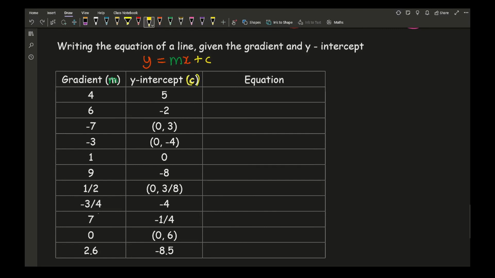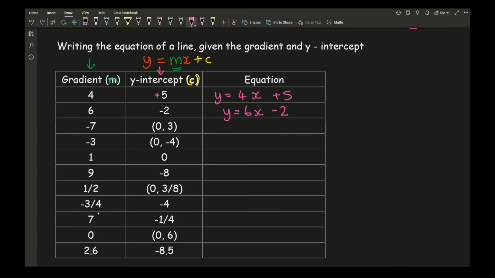So all I'm going to do is write down this equation, but swap m for whatever number is in this column, and swap my plus c for whatever number is in this column. So writing the equation here, I've got y equals m, which is 4, and you're always going to have an x, and it's going to be plus 5, because again that's positive 5. For the next one, I'm going to have y equals m, which is 6, x, and then c, which is minus 2.